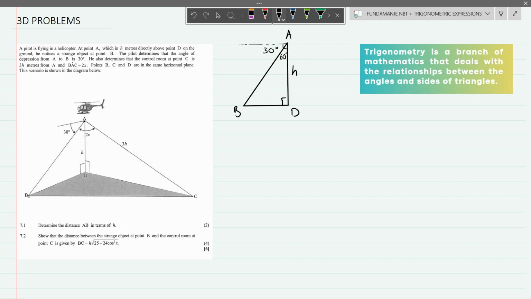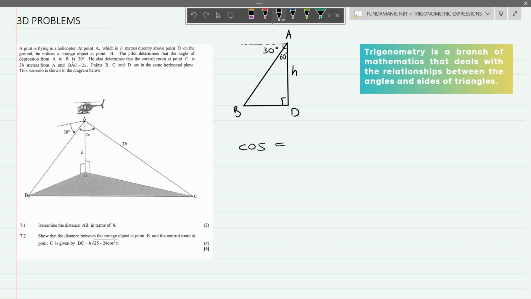Now, we can write AB in terms of h by using a trig function that relates the side that is adjacent to the angle and the hypotenuse, which is what we're looking for, AB. So adjacent over hypotenuse, that would be cos.